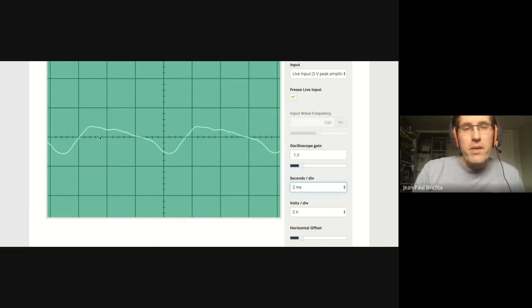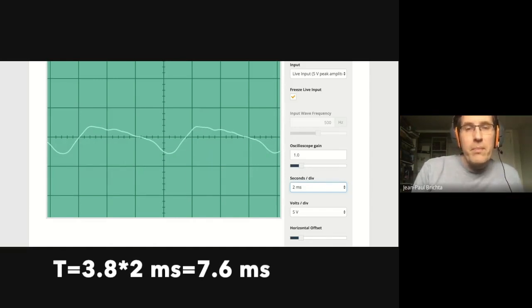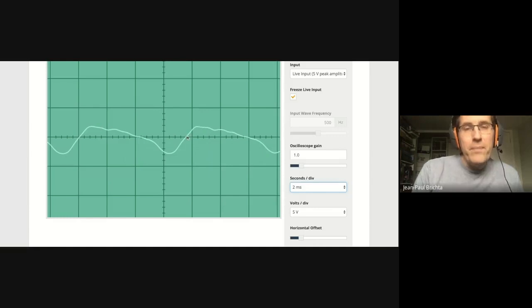So in this case, if I want to know what the period of this wave is, I'd take 3.8 divisions, that's the period just in terms of divisions, and multiply that by the seconds per division. So I'd have 3.8 times 2 milliseconds, which would give me 7.6 milliseconds. 7.6 milliseconds is the period of this note that I was humming.